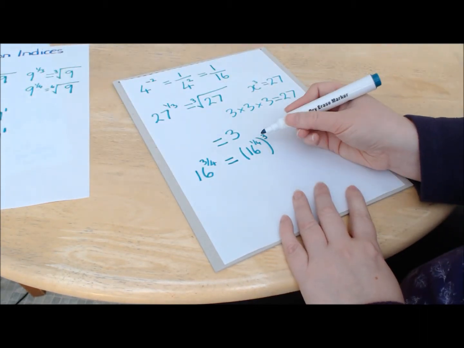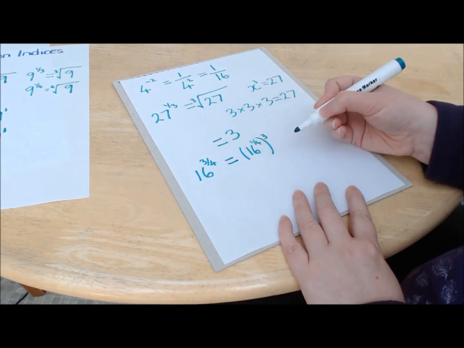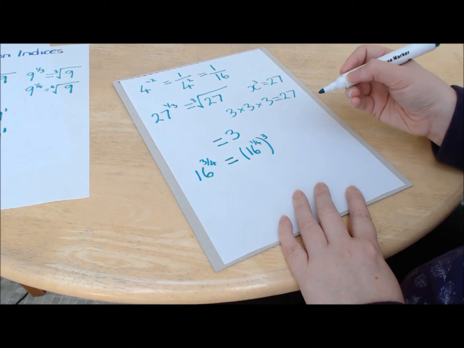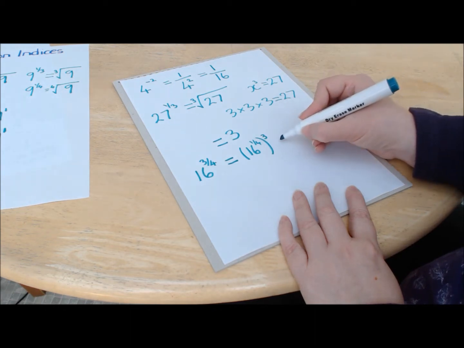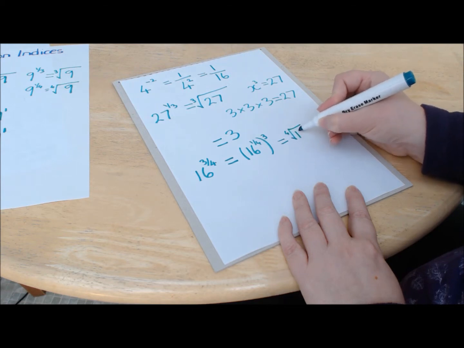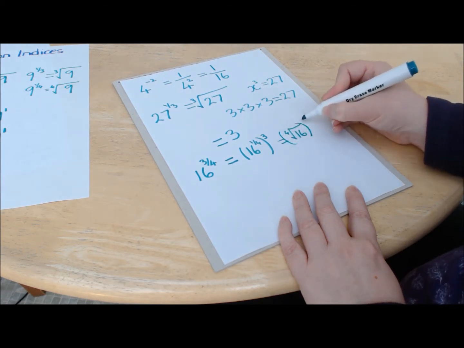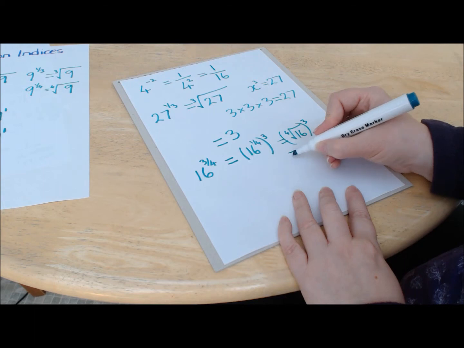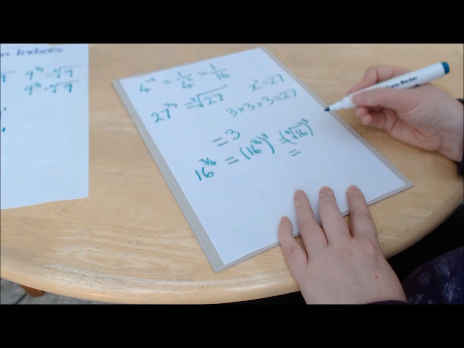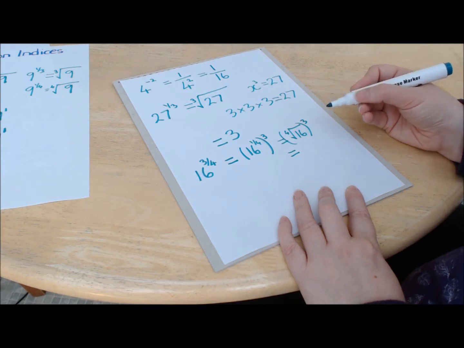Now we've got that separated out, we're going to do the inside of the brackets first. So 16 to the power of a quarter is the same as the fourth root of 16. And the fourth root of 16 is 2. 2 times 2 times 2 times 2 makes 16.